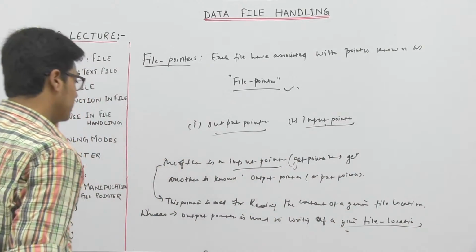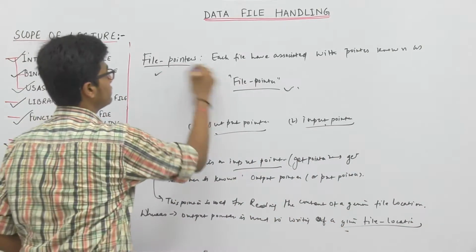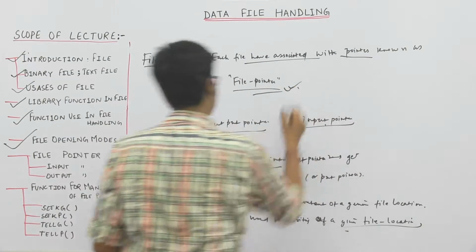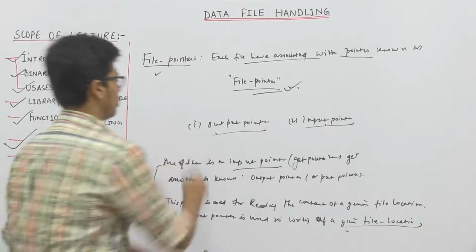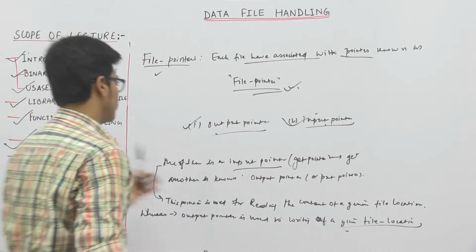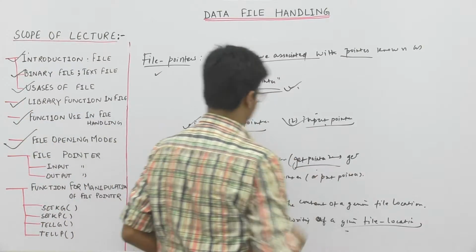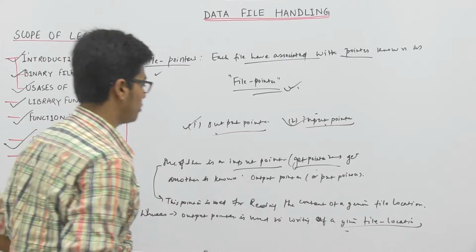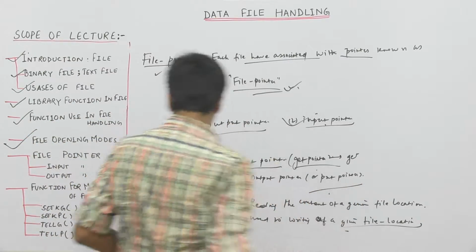So each file is associated with pointers known as file pointers. One of them is the input pointer, which we also call the get pointer. Another is the output pointer, also called the put pointer.